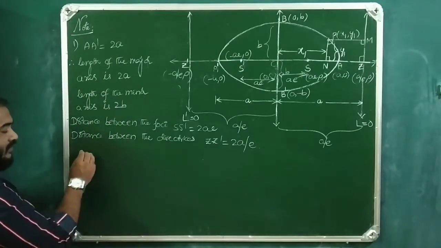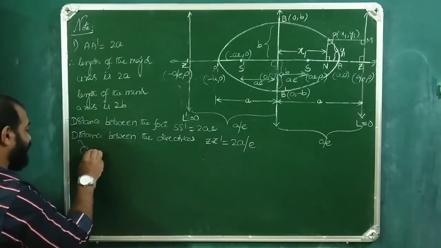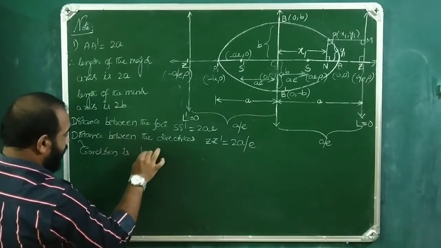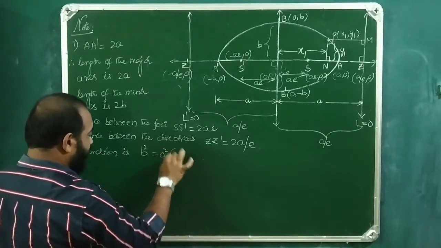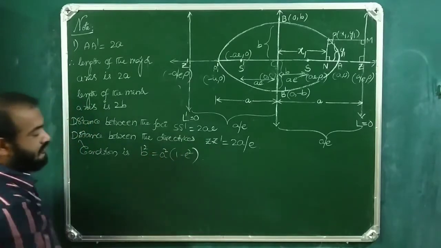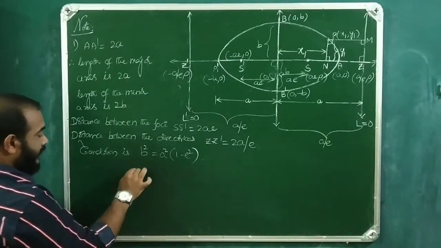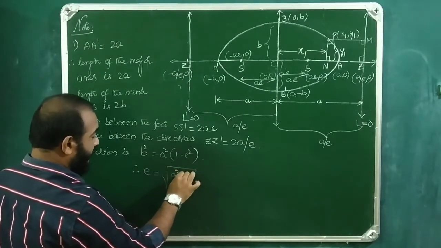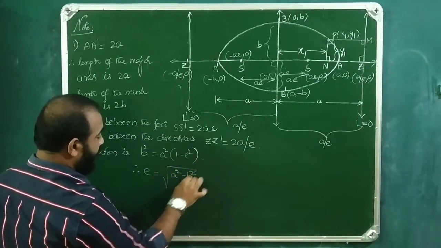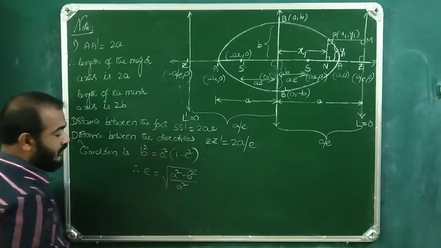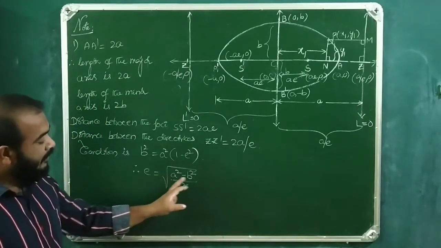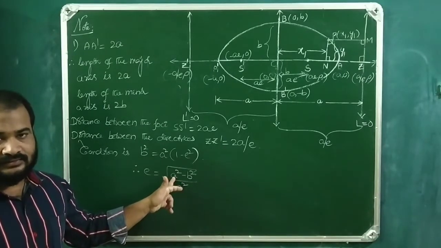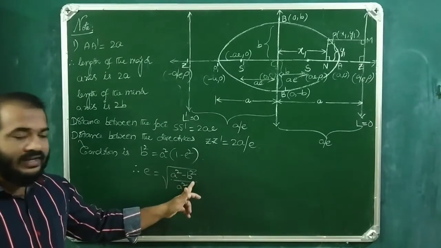What is the condition? The condition here is B square equals A square into 1 minus E square, where eccentricity E is equal to the square root of A square minus B square by A square. So, bigger minus smaller, because A is the length of the major axis and B is the minor axis.